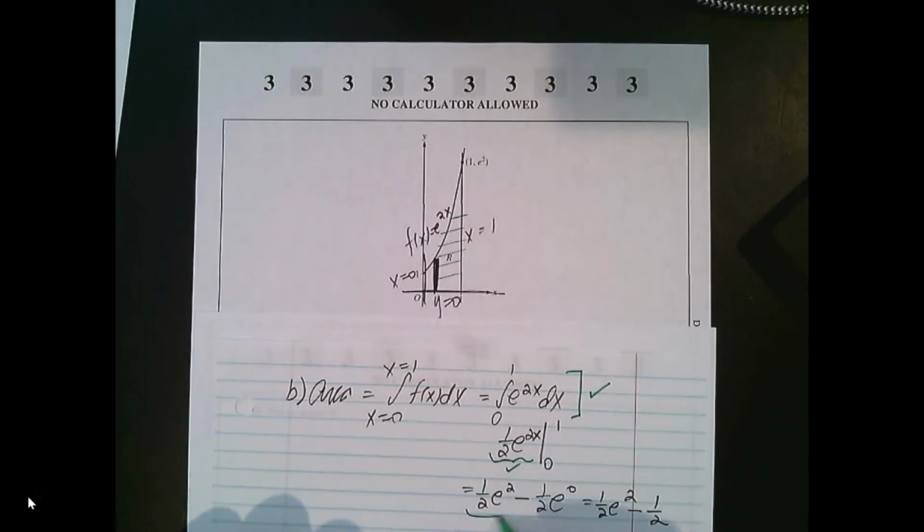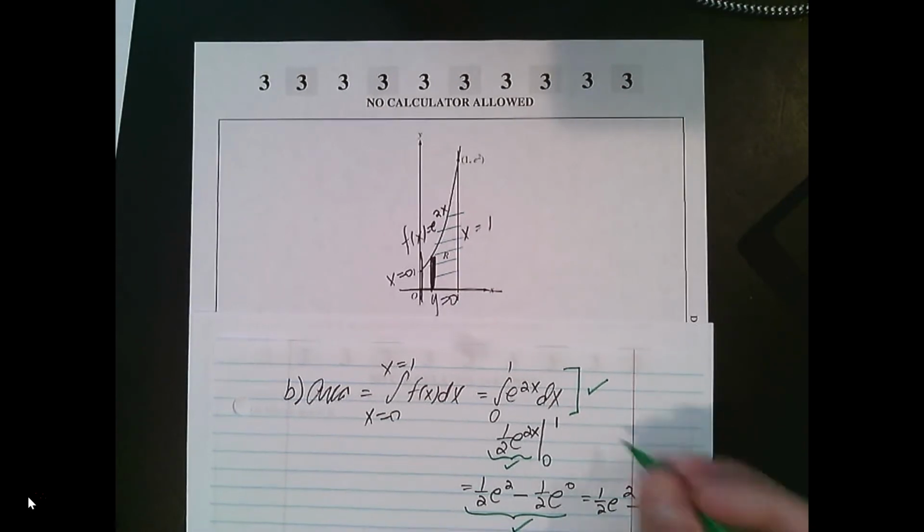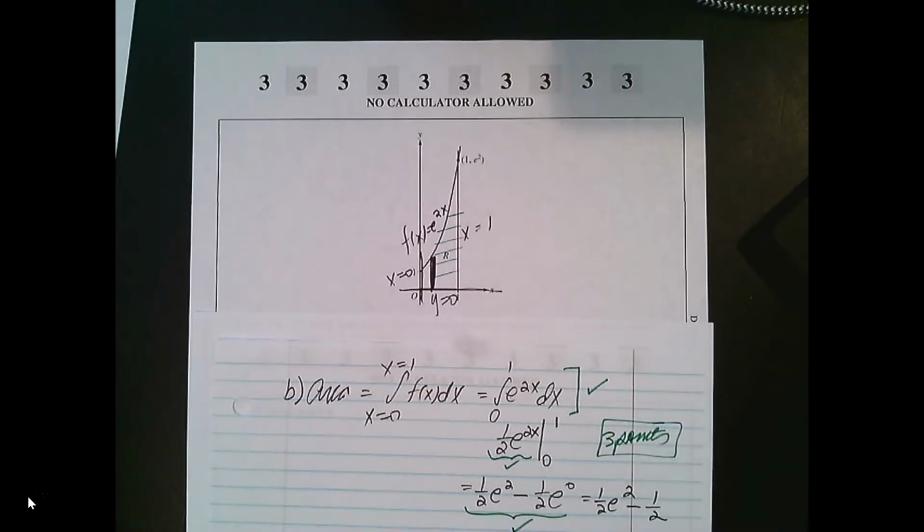And then 1 point for the plug-in right here, even if you don't simplify, for a grand total of 3 points. Again, I would expect this to be a relatively high-scoring question for most students. These are exactly the skills that we've been working on. So now let's look at part C.